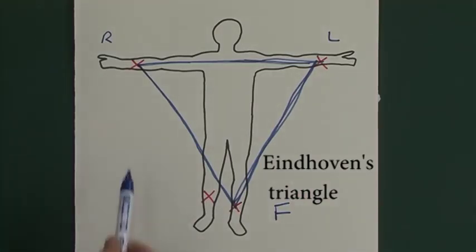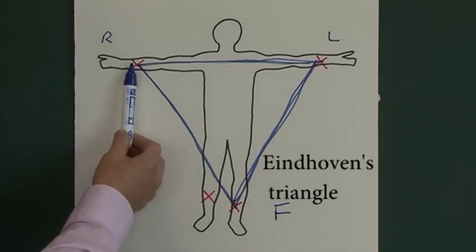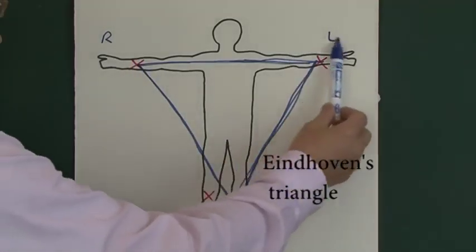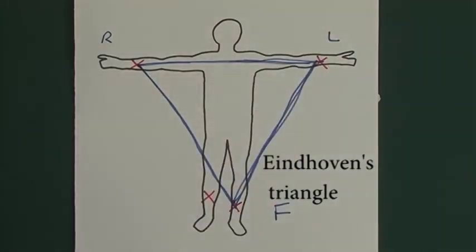Now, we're picking up electrical impulses from here and electrical impulses from here. And these are going away into our clever ECG machine.